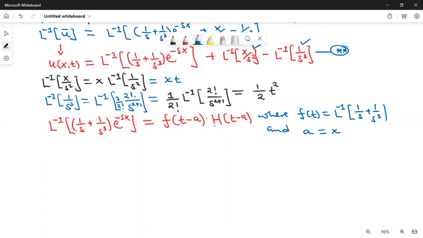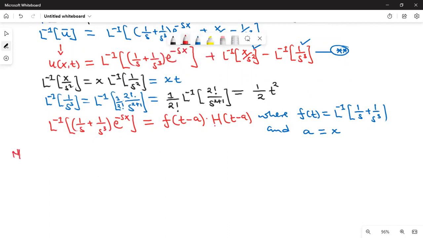Which theorem am I using? I'm using the second shifting property of Laplace transform. Let me state it here. You take note of the second shifting property.